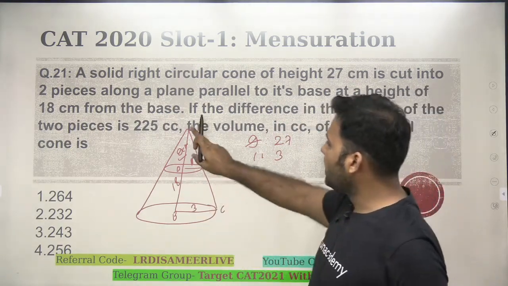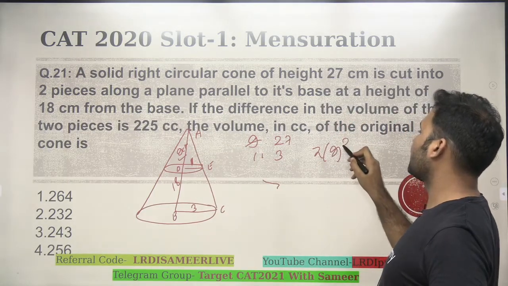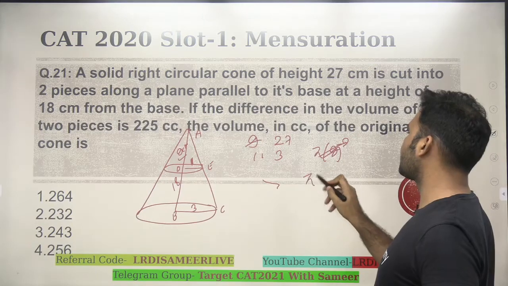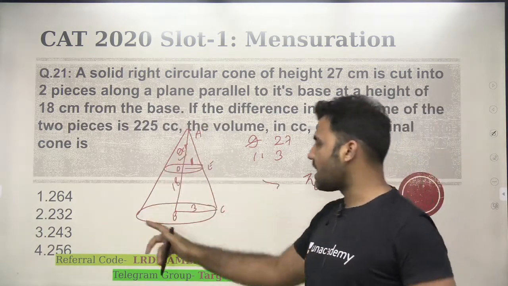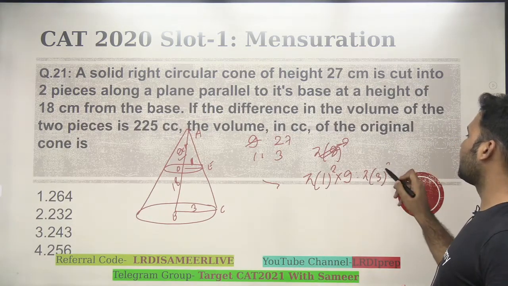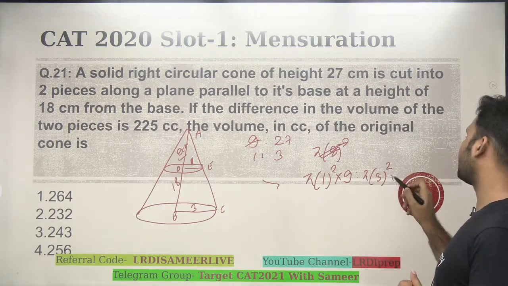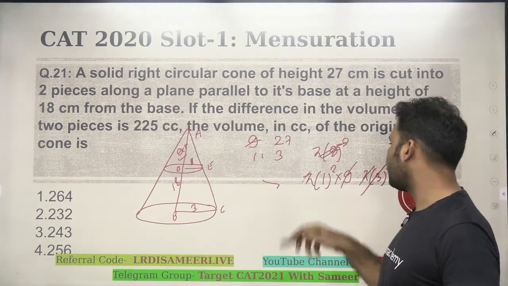Now, if the volume of this cone is pi into r square into height 9, then the volume of the larger cone would be pi into r square into height, which is 27. Now pi and pi will get cancelled.